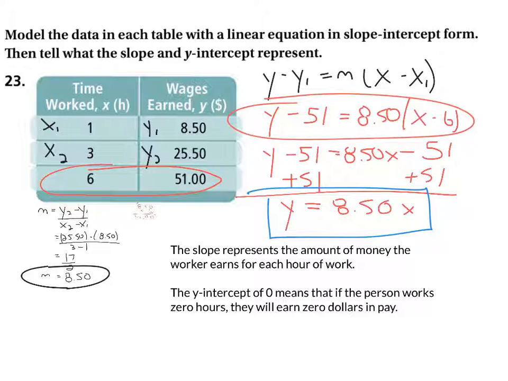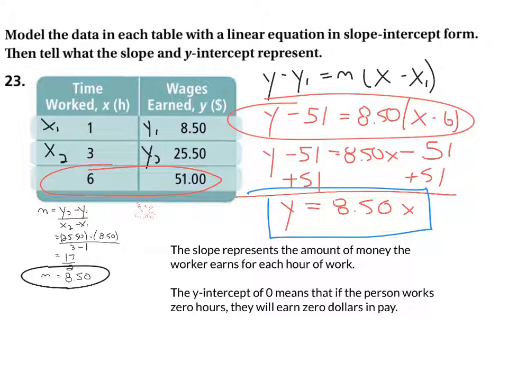Another way we could have done this is to write y equals 8.50x plus b, and then substitute in, let's say, 51 equals 8.50 times 6 plus b, using that same data point of 6, 51, and we would have been able to solve for b equals 0.